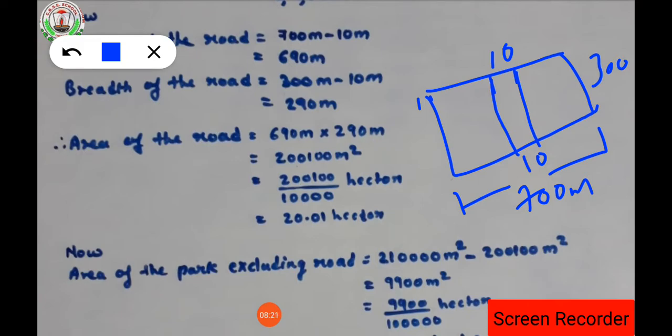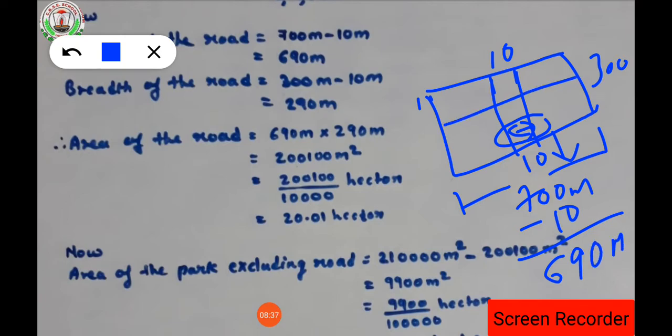So this 10 meter is going to be subtracted from the length in order to get the new length of the road. In the same way, one crossroad is made over here and its width is 10 meter. So the breadth of the road we will get by subtracting 300 minus 10, it will be 290 meter.